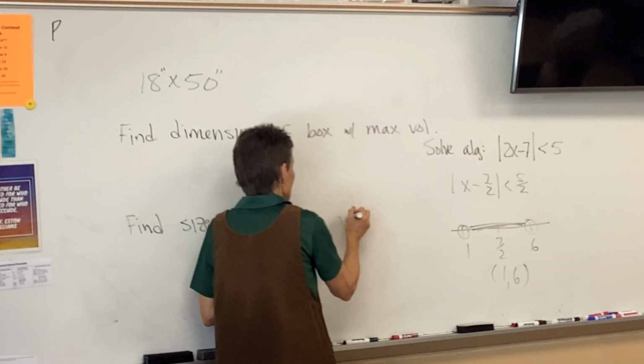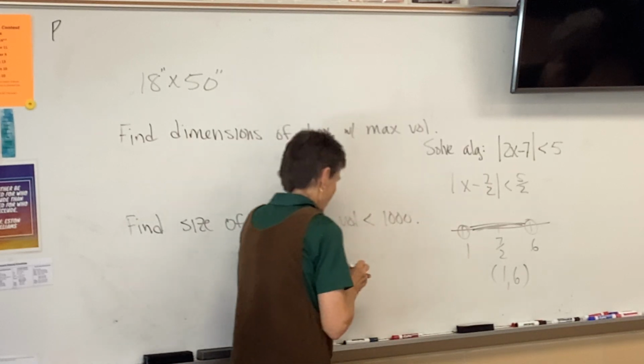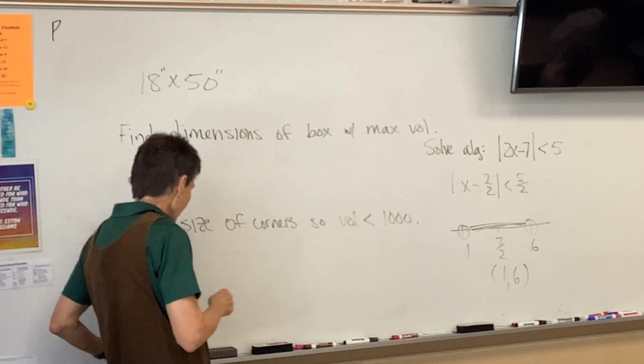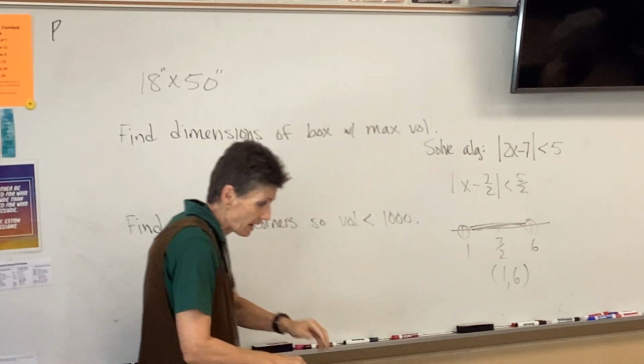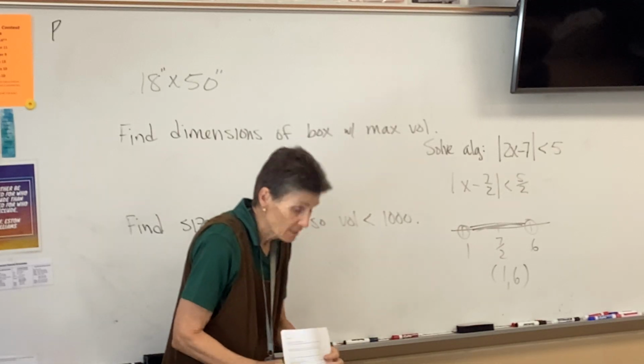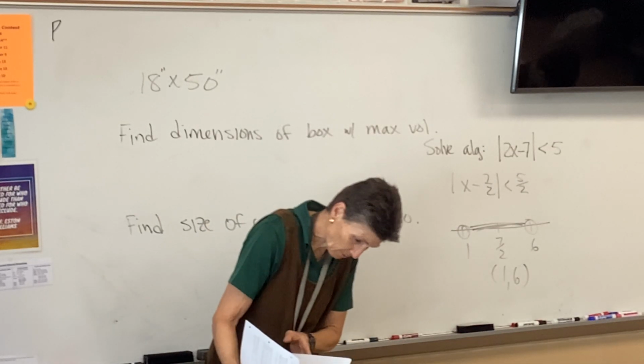So volume is less than 1,000. All right, so it's a 2-part problem. Here's your paper, you're going to cut out the corners, fold up the flaps. Use your calculator, yes, I'm sorry, yes. This would be a calculator problem.